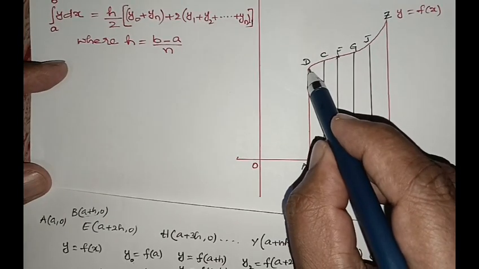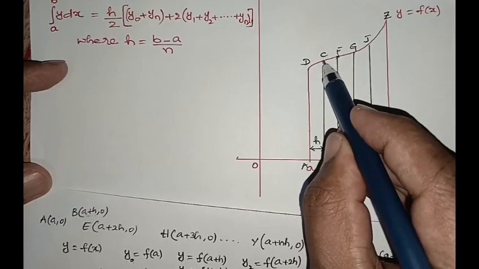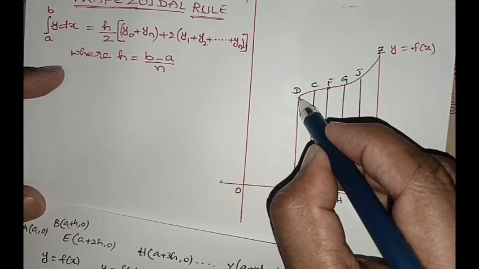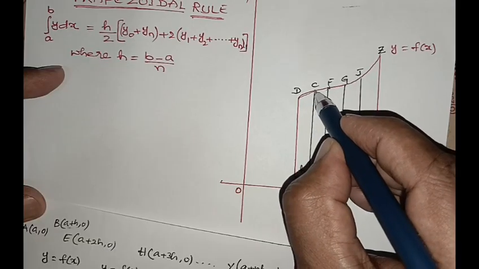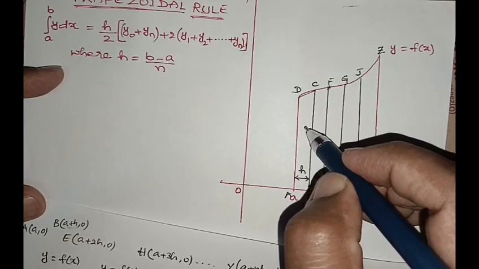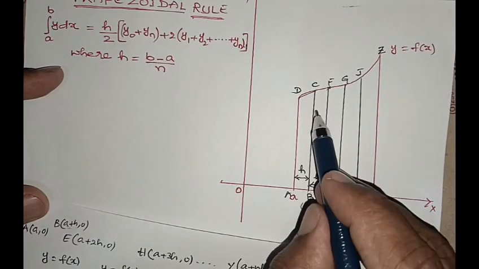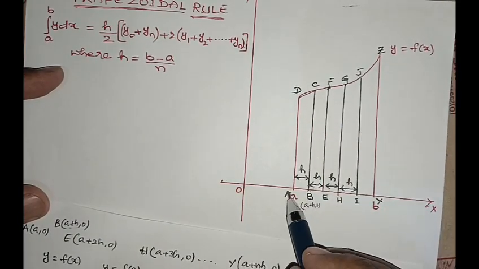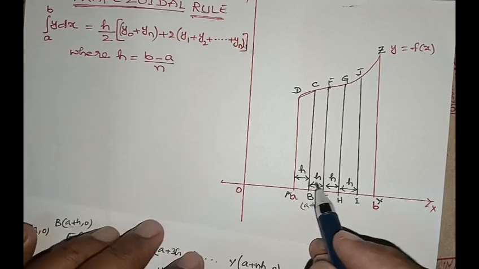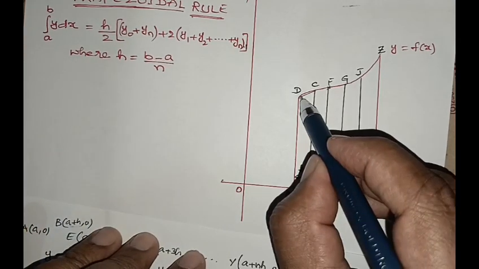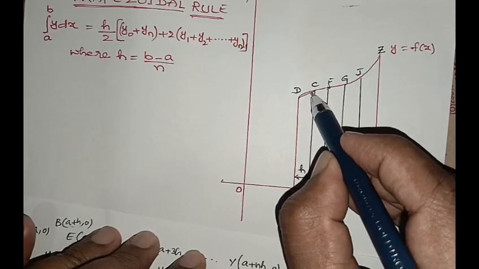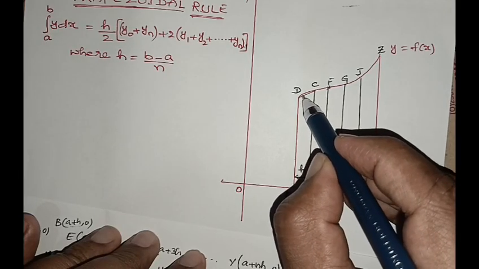But this side is bounded by a curve CD. If I imagine that this curve is a straight line, I am approximating this curve to be a straight line. When these divisions are more in number, then the points will be closer to each other. In such cases, the curve can be assumed to be a straight line.